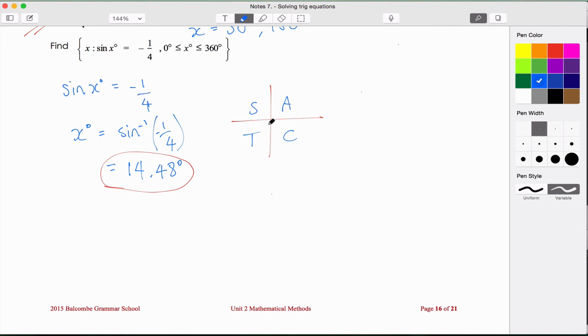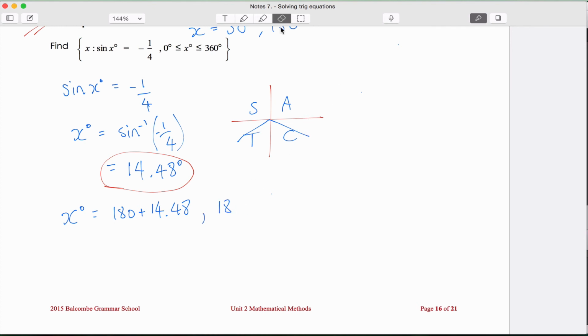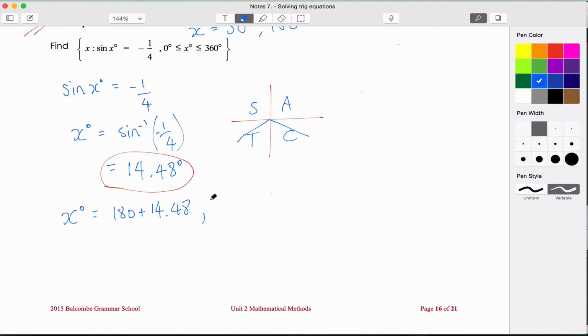Sine is positive, sine is positive, sine is negative, sine is negative. So we're going to do 180 plus 14.48, and 360 minus 14.48.